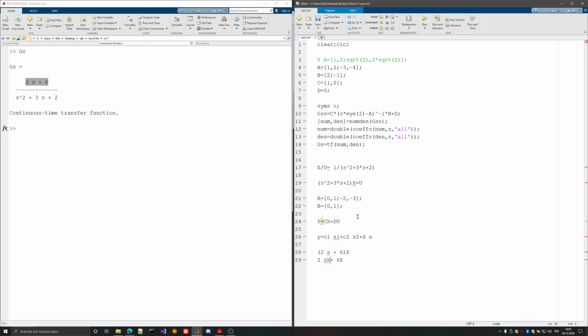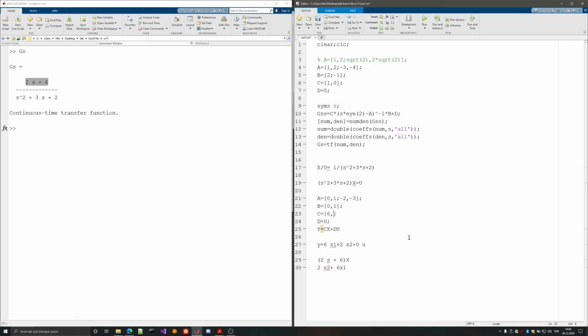So basically this was called x2, this is x1, so I have 6 of this and 2 of this, and there's no direct coupling term, so this is 1. So this is 0, I'm sorry. So there's no u term. This shows me that d is equal to 0, and then I have c, which is 6 and 2.